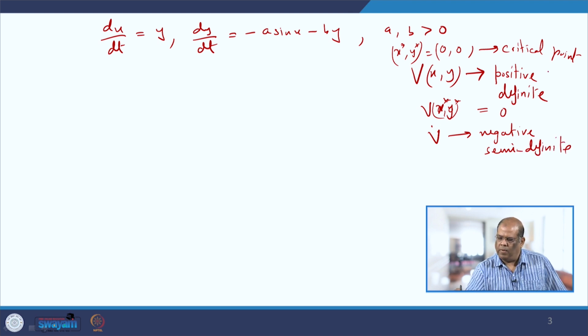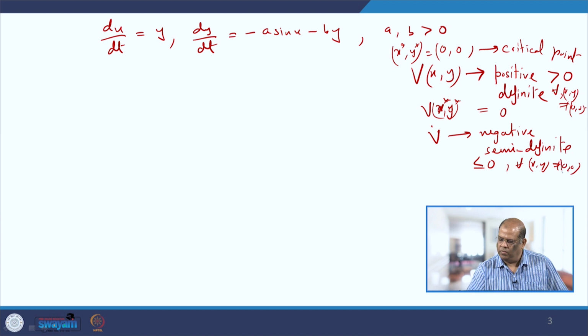So, by this I mean this has to be greater than 0 for all (x,y) not equal to (0,0). This has to be less than or equal to 0 for all (x,y) not equal to (0,0).